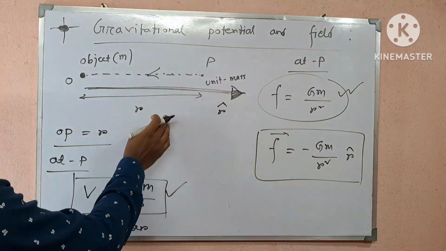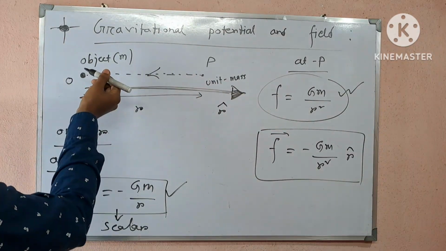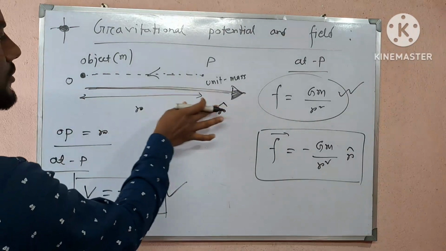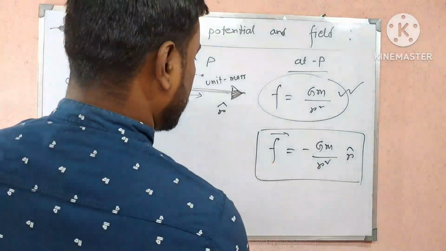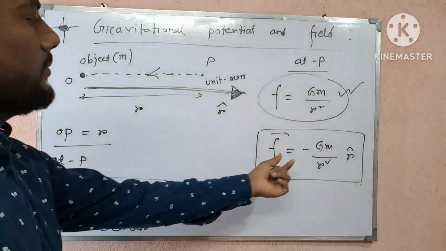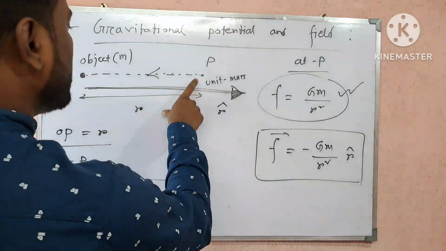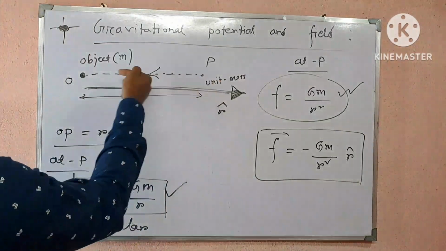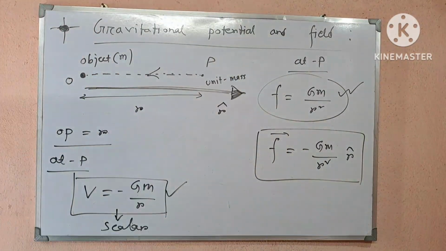But see carefully: the force experienced by this unit mass is in this direction and r hat is in the opposite direction. That is why this negative sign arises, to represent that the direction of gravitational field is always towards the mass due to which we are calculating the gravitational field.